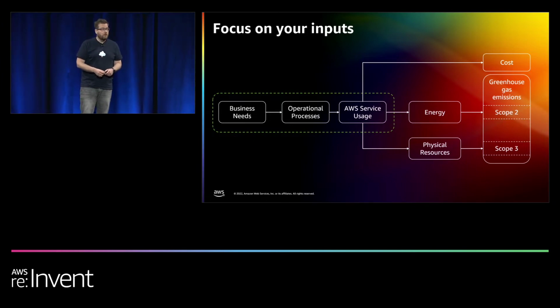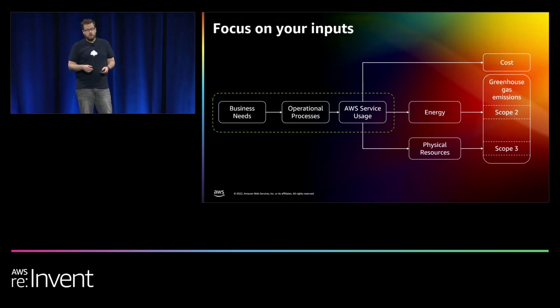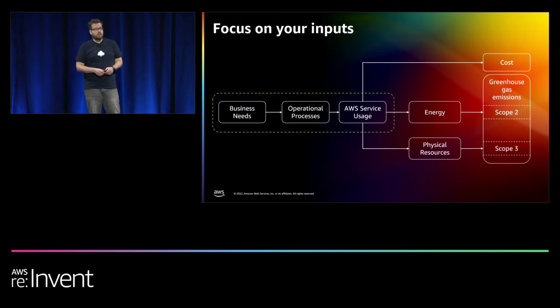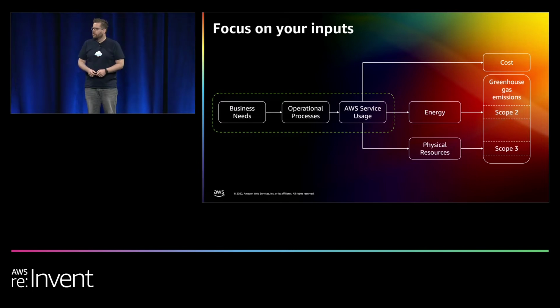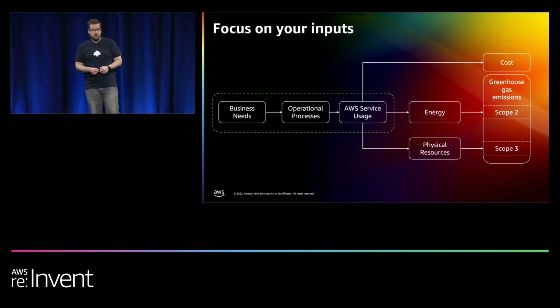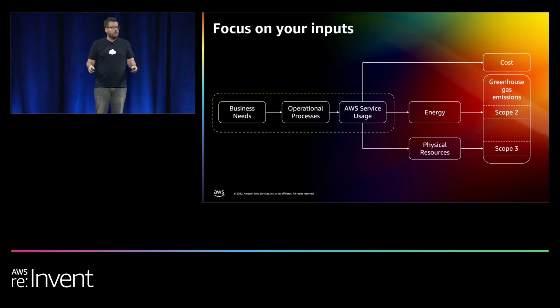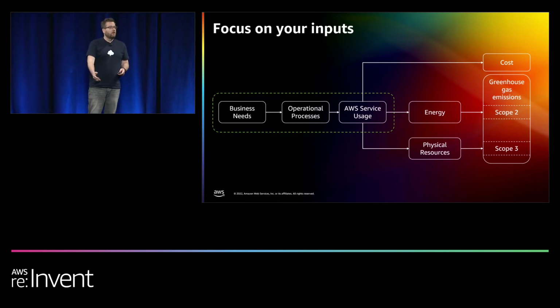And it's important to know these three parts which I marked here as green, because efficiency is the least amount of resources to fulfill your business needs. And that's why it's very important to know the business needs of your users. Also, looking at all three here reveals further cost optimization opportunities in the area of operational processes.